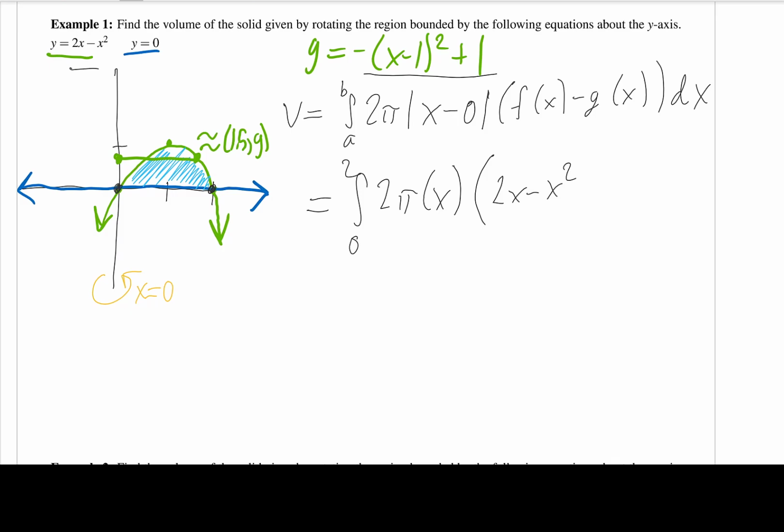I'm choosing the former because it's a lot simpler to integrate. They're both equal to the same thing. I'd just rather integrate this one right here as opposed to the other one. And then we'll have minus g of x. Well, our bottom curve is that y equals 0 curve. So we'd have minus 0, so I can get rid of that. And then we'd have dx.